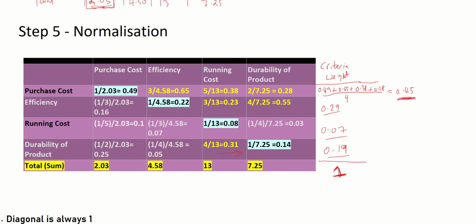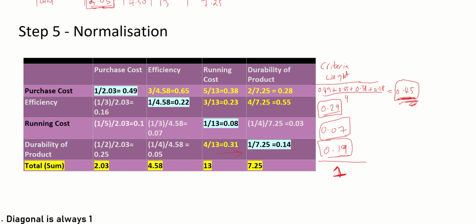After we've done the calculation, we figure out that the most important weighting is given to purchase cost, and that's given a weighting of 0.45, so 45% preference over the other criteria. When it comes to efficiency, there's a 29% preference. When it comes to running cost, 7% preference. And when it comes to durability, there's a 19% preference.